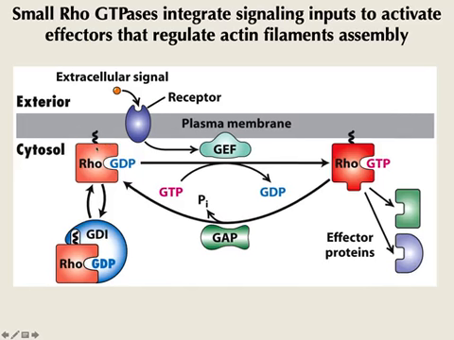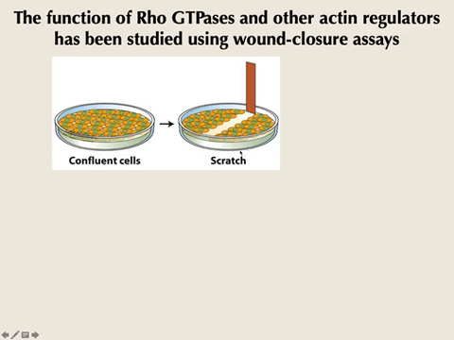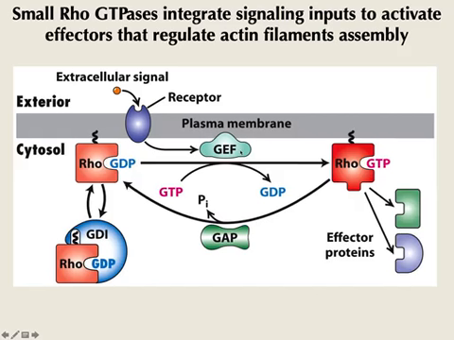This is achieved through lipid modification, so addition of fatty acids at the C-terminus usually. But still, if they are bound to GDP, they are inactive. That's the inactive form. They are activated upon interacting with the GEF, or guanine nucleotide exchange factor.